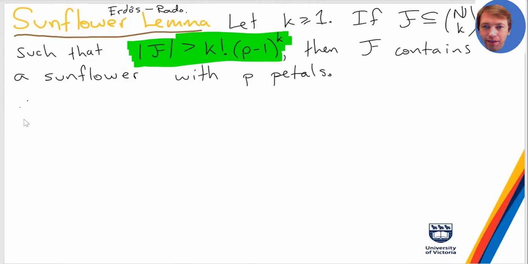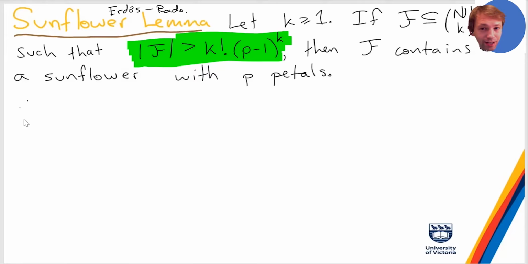Is the statement of the result clear? Yeah, totally. So the way I'm defining petals is they're the sets in F, so the petals have the same size, but the cores can be different sizes. Yeah, I'm not claiming anything about how many sunflowers it has. I am saying that there's at least one sunflower.